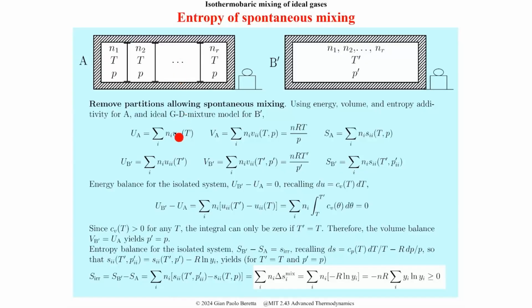So I need to write the various ingredients of those balance equations, which are the expressions for the energy, the volume, and the entropy in the initial state and in the final state. I've called this final state B prime, and I call that final temperature T prime and pressure P prime.